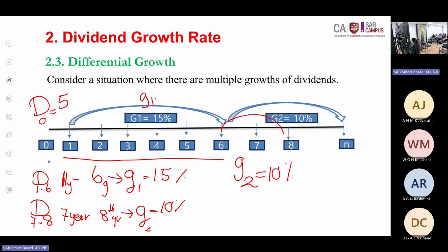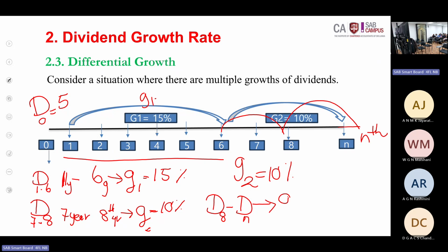Then what happened after the 8th year until the nth year? That means in the long run, it might be until infinity. Dividends, that means D8 to Dn, we don't know that time period.